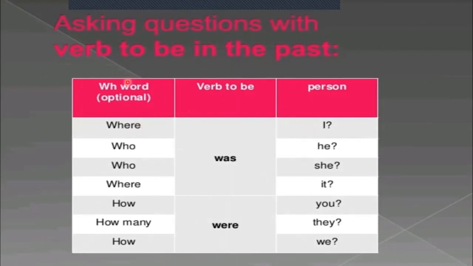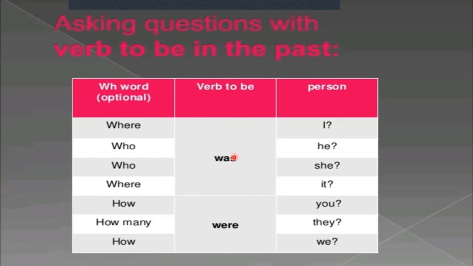This question also consists of 3 things: WH word, verb to be, and the subject. But take care here, my students. In the last question, we used the verb to be in the present, but here we use verb to be in the past. Verb to be in the past is was and were. Excellent. Do you remember, my students?